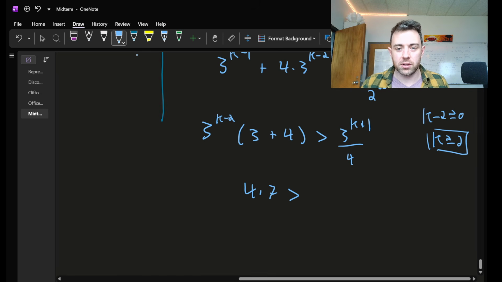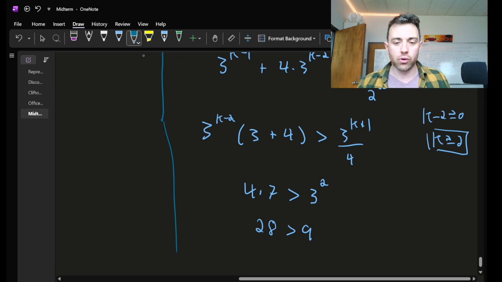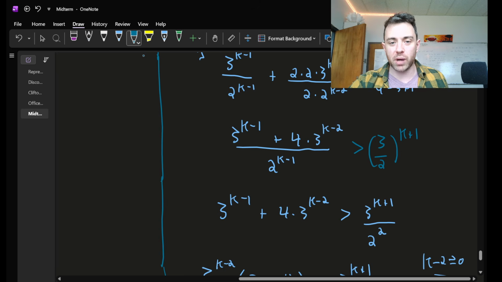And this should be bigger than, what am I going to be left with? 3 squared on top. So 4 times 7 is 28, is bigger than 9. Great. And that's an obvious thing. So now I just have to run this whole proof, basically run this whole proof backwards, right?